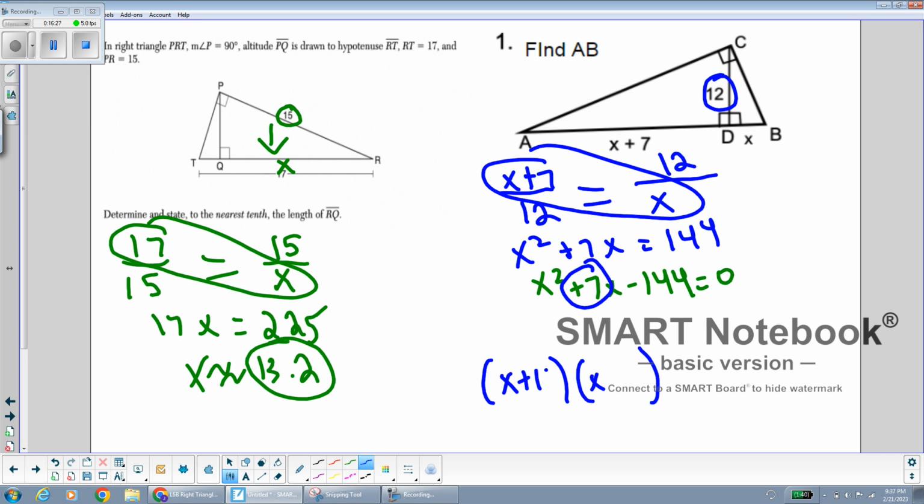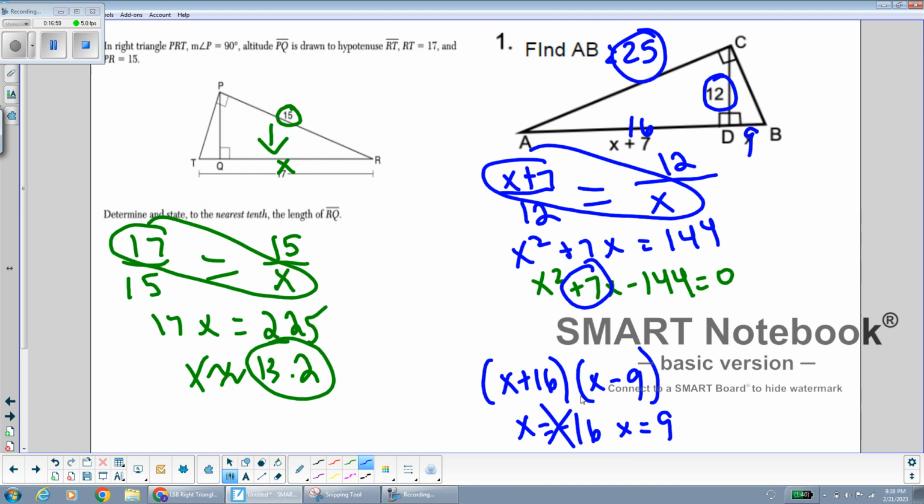So positive 16 and negative 9. We reject the negative because it doesn't make sense for a side of a triangle to be negative. And we have that our x value is 9. If x is 9, that means DB is 9. And that means AD is 9 plus 7, which is 16. So that means the length of AB is 16 plus 9, which is 25 in total.